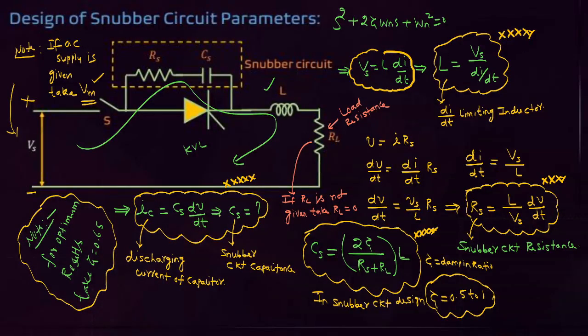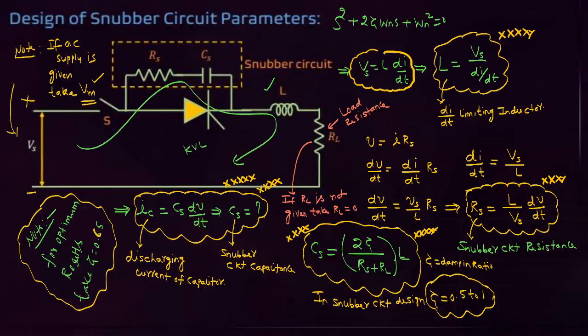I equal to C into dV by dt. From this formula, you have to design the capacitance value. Or you can also design the capacitance value using this formula. And this is the design of the resistance value, L by Vs into dV by dt. If zeta is not given, where zeta is the damping ratio, you have to take zeta equal to 0.65 for optimum results.